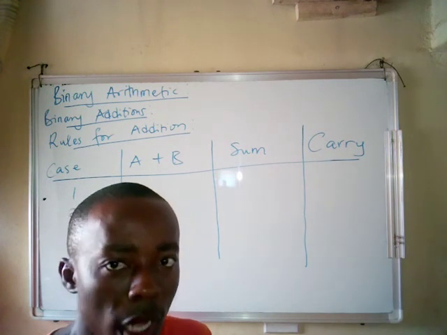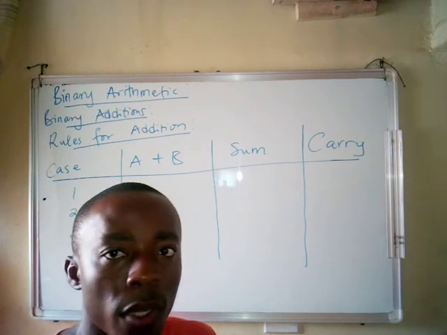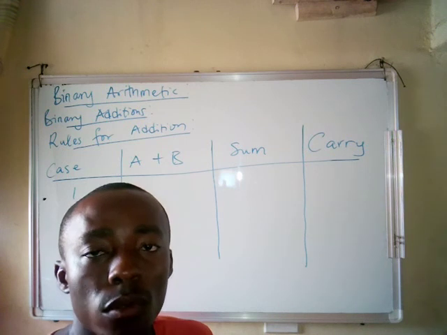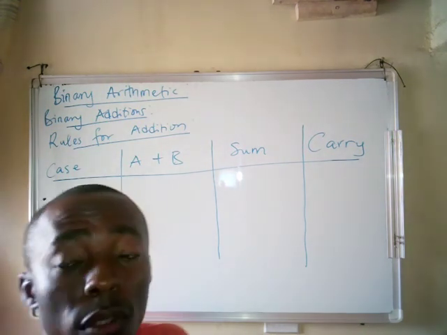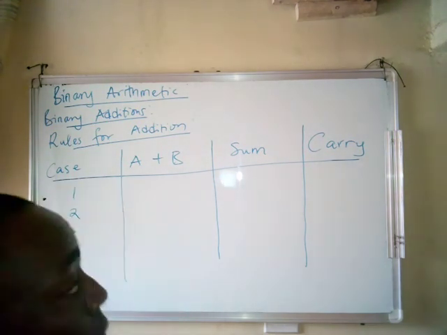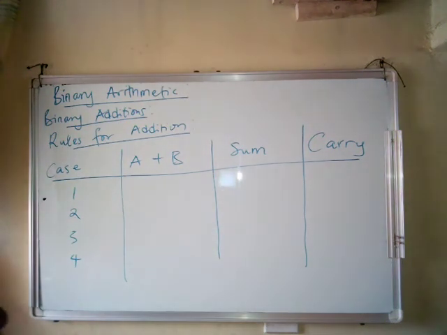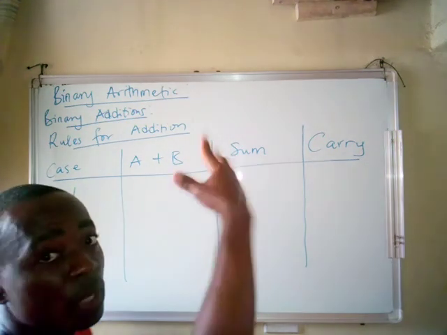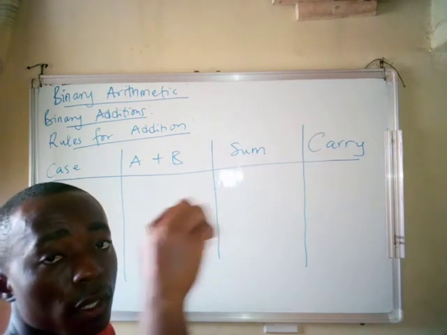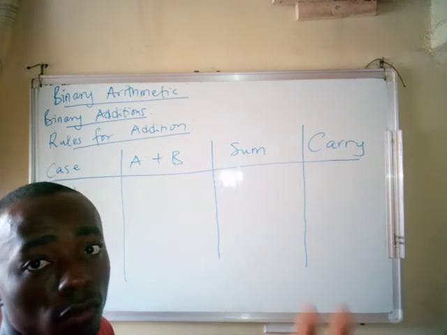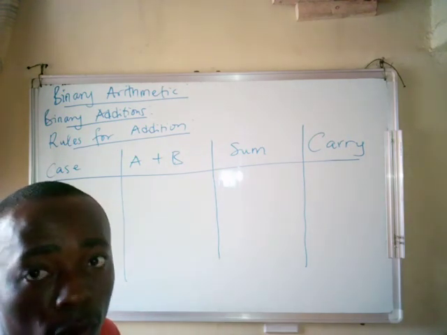So let's look at some cases that we may have, and whether we need to carry or find the sum. Remember that sum means the result of adding two or more numbers, right?